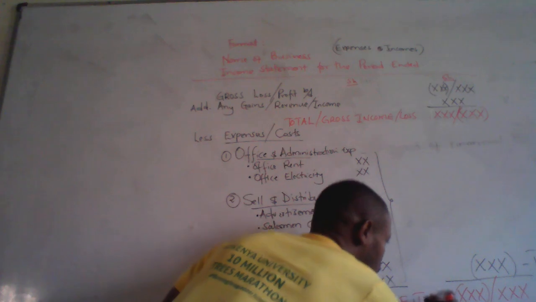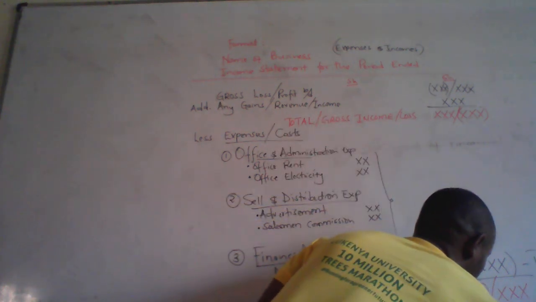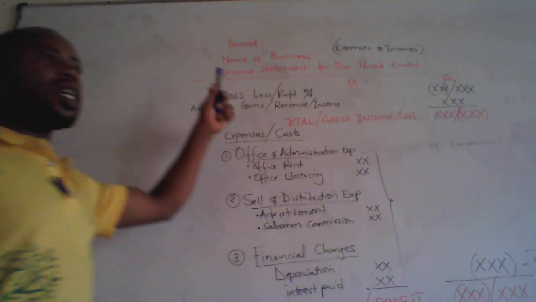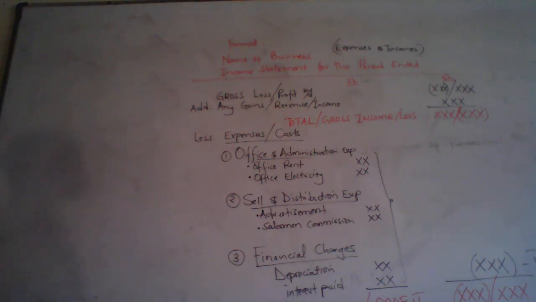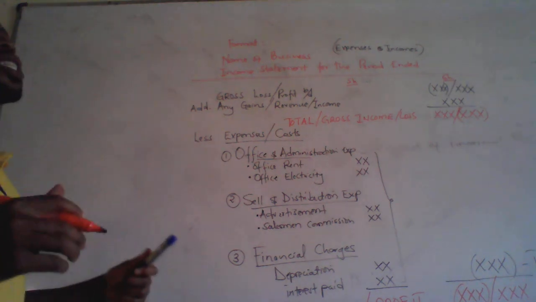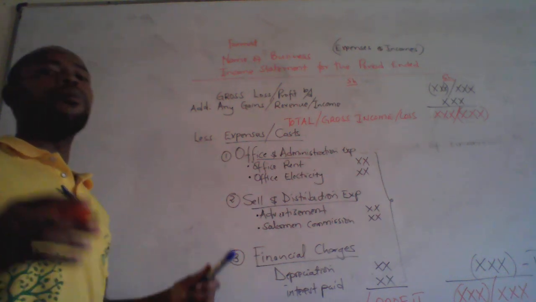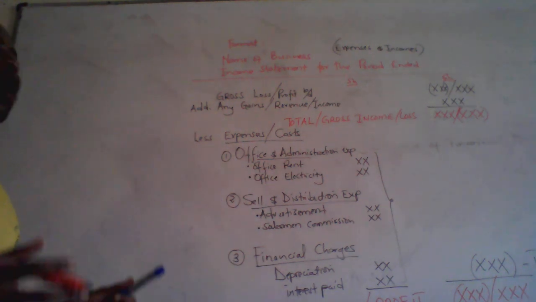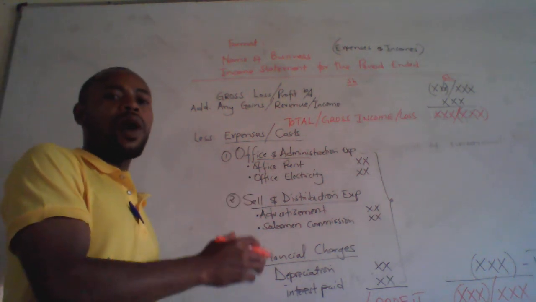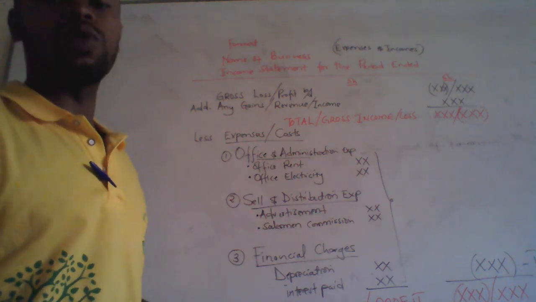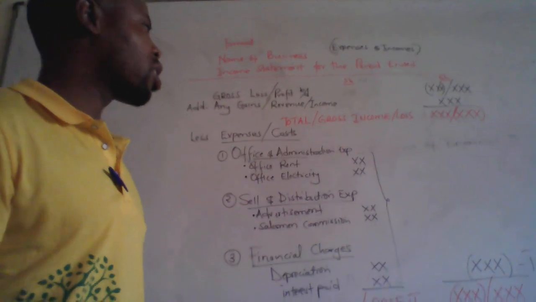So that is how we prepare an income statement, and this is just a skeleton or the format of how you prepare the income statement. There are some adjustments that we shall come to do in the income statement, but before we get to that, I want you to adopt this format. I want you to look at it and go through it once again.